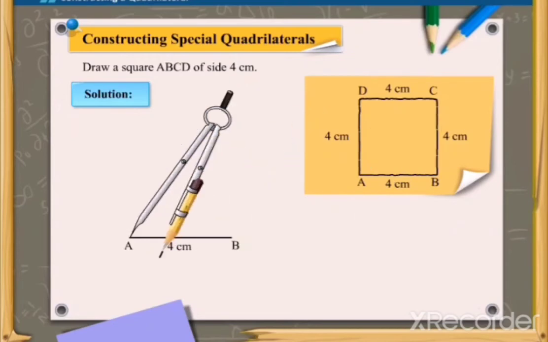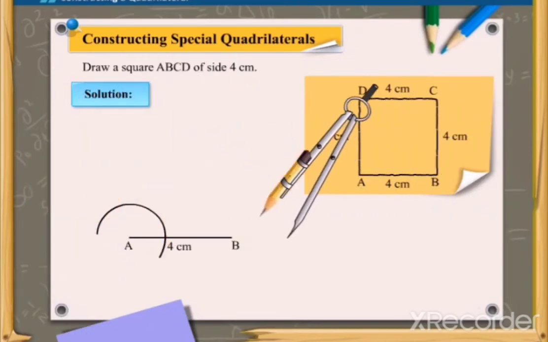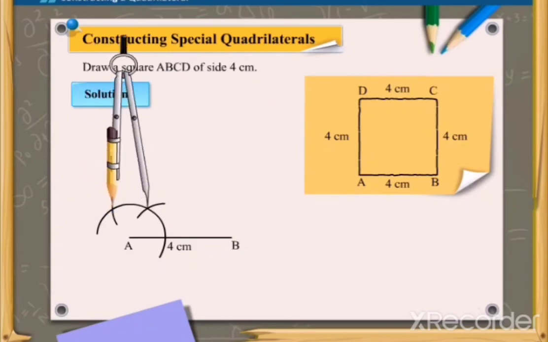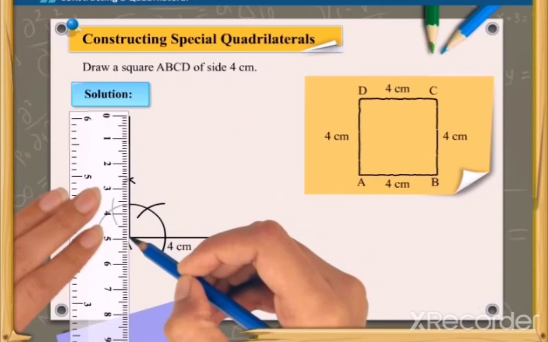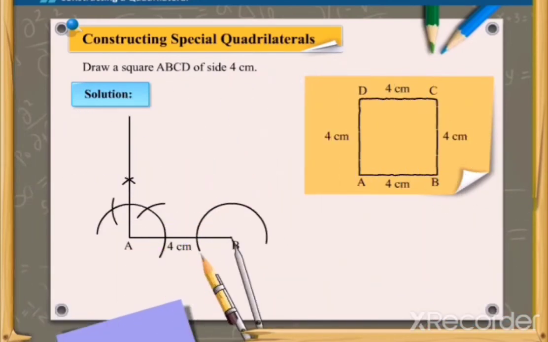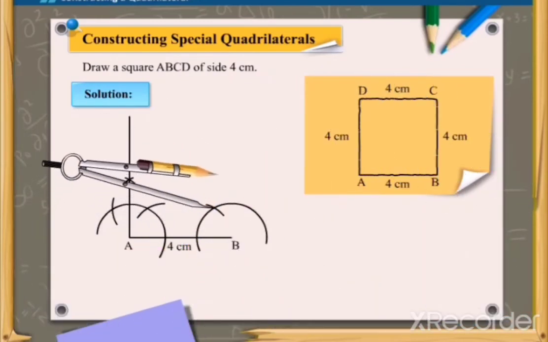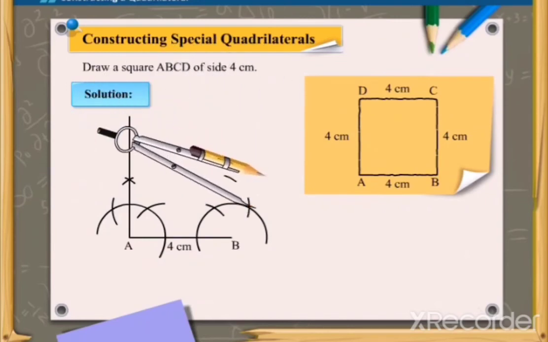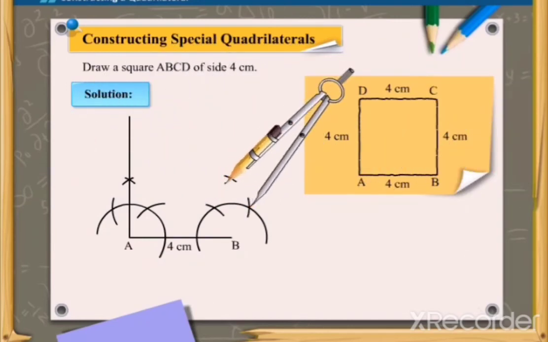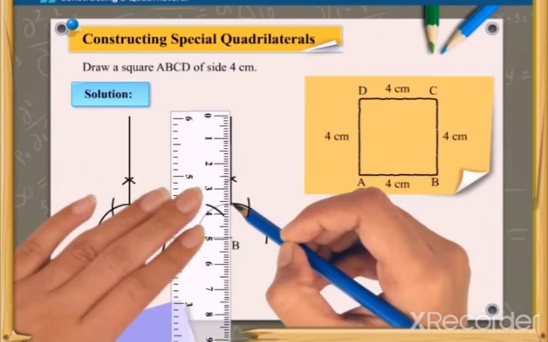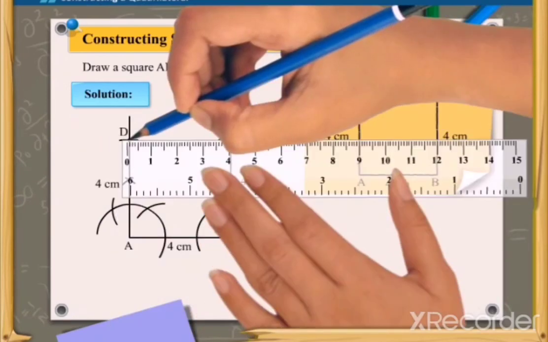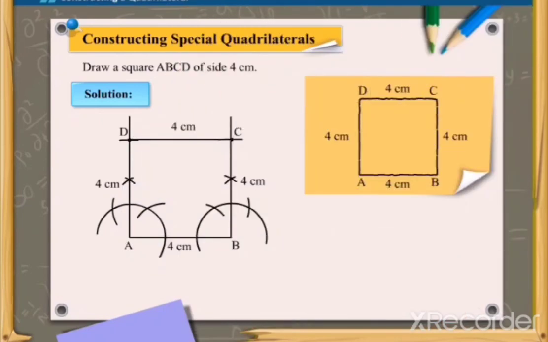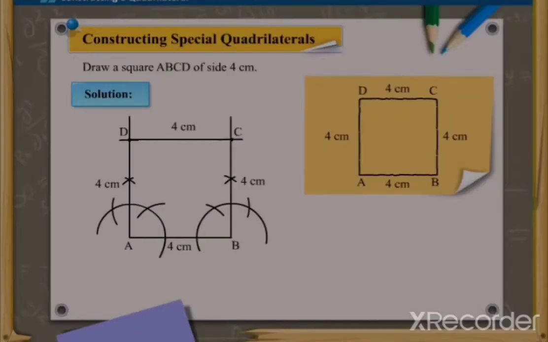Now, draw perpendiculars of lengths 4 centimeters from A and B. Lastly, join C and D to get the required square.